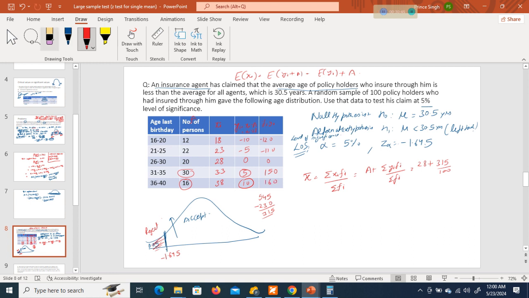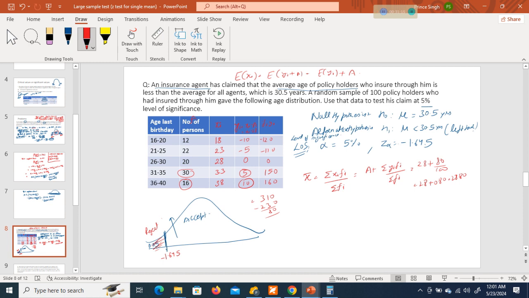So basically this is 310 minus 230. Its value comes out to be 80. So 80 by 100, its value is 28 plus 0.80, which is 28.80. So this is the value of x bar, right?